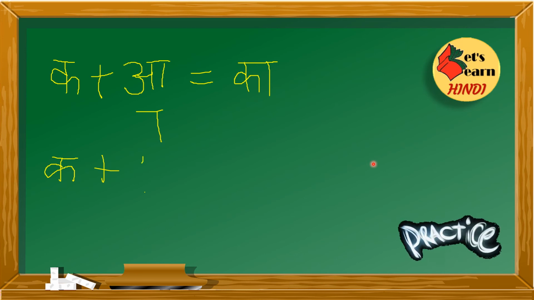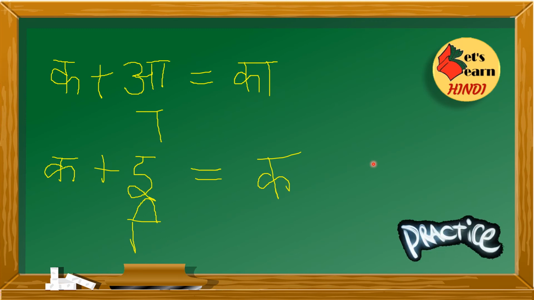If we are using E, and this. This vowel symbol is this. How to use this? Which side?